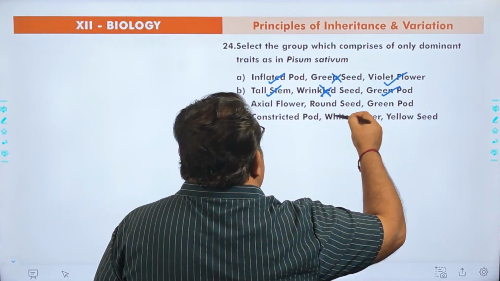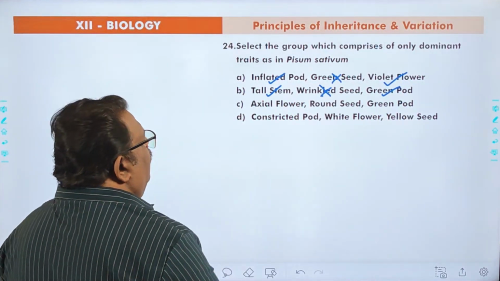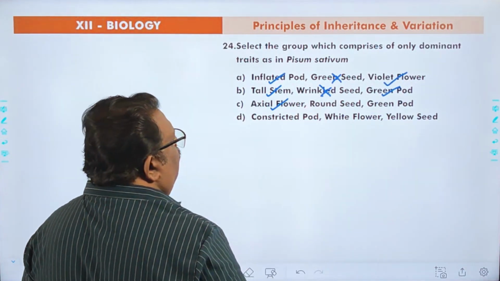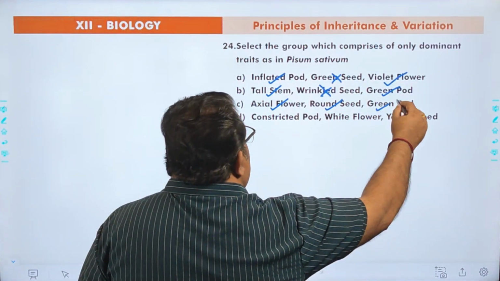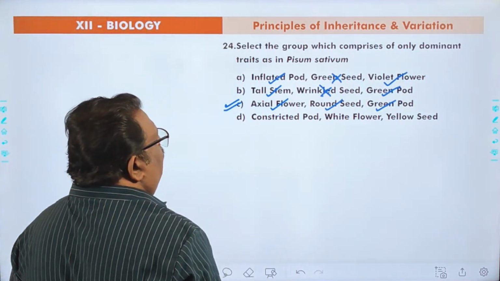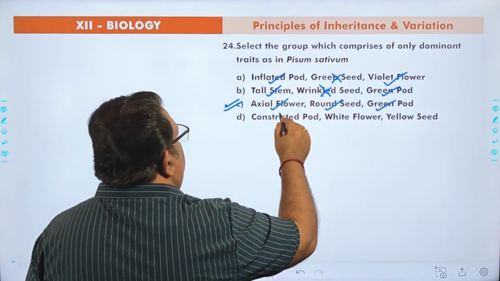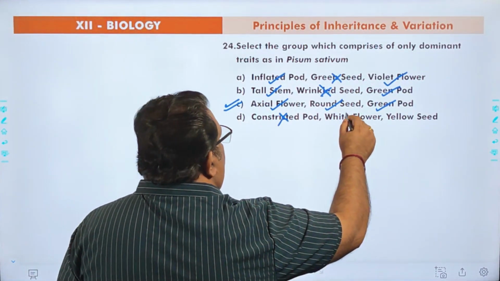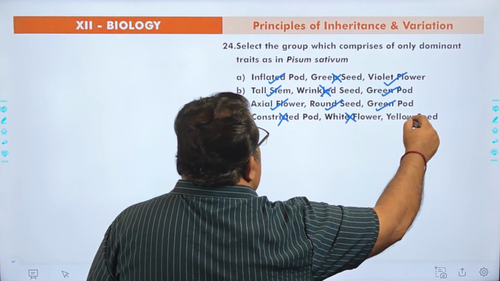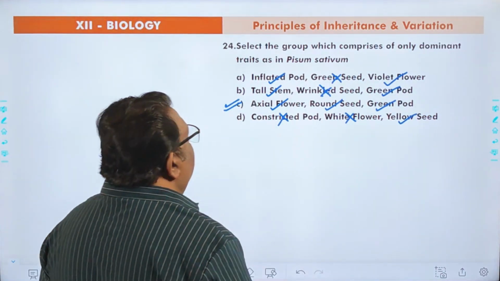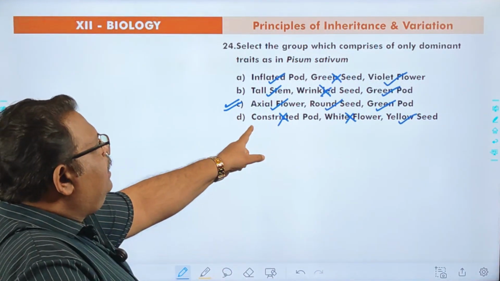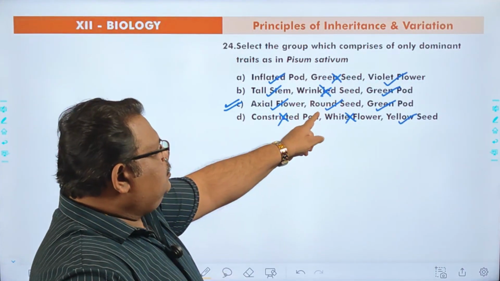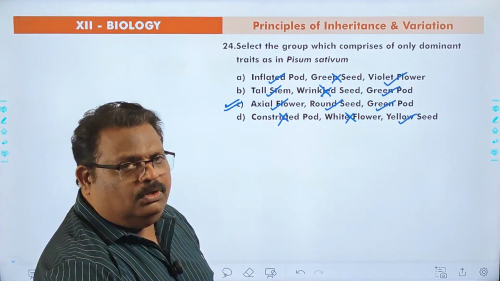Green pod is dominant. So it is not the answer. Axial flower is dominant. Round seed is dominant. Green pod is dominant. So C is all dominant. Constricted pod is recessive. White flower is recessive. Yellow seed is dominant. So the answer with all dominant will be C. Axial flower is dominant, round seeded condition is dominant, green pod is also dominant.